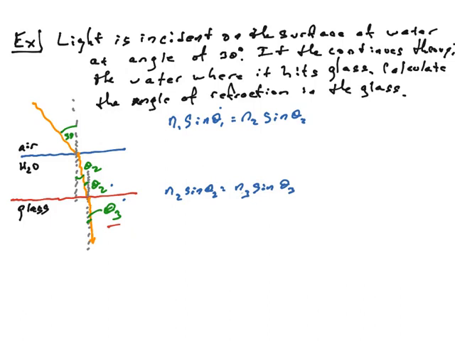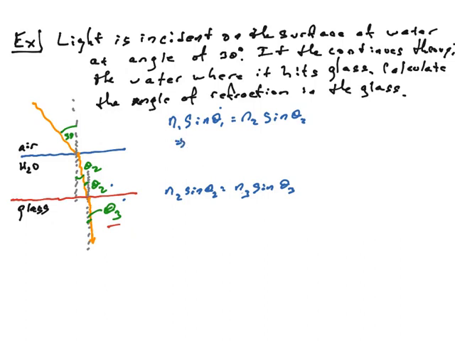Well, I already calculated what theta 2 is from the first part, which I'll show you. So I now know two stuff in this new equation. Now I can calculate theta 3. So that's the steps. I need theta 3. Before I could get theta 3, I need theta 2. In order to get theta 2, I use Snell's Law going from 1 to 2. All right, not too bad.